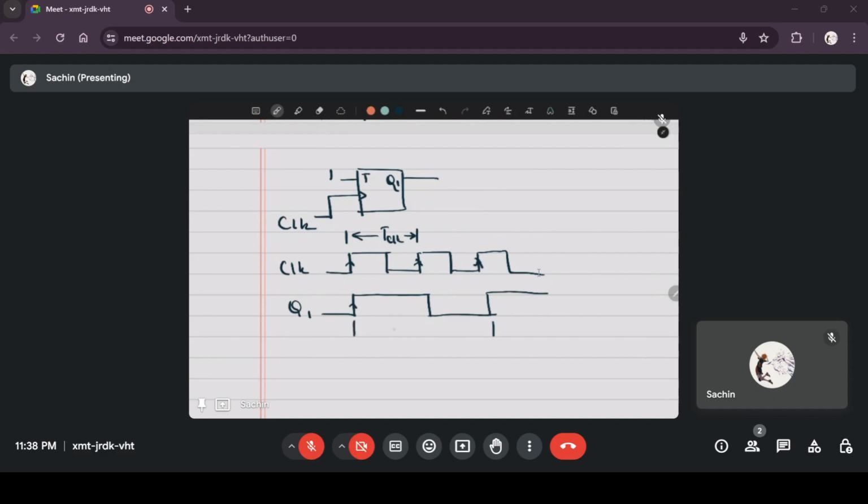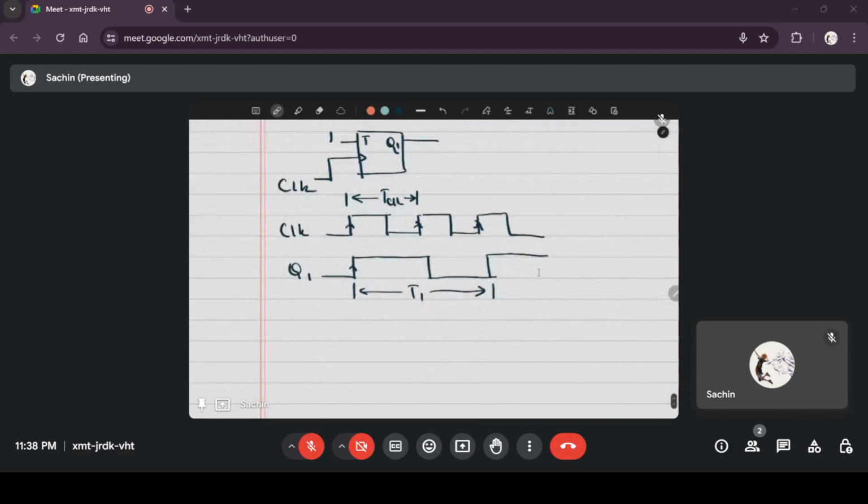So the time period of the first output T1 is 2 times T clock, which implies F1 is F clock by 2 because time period is inverse of clock frequency.